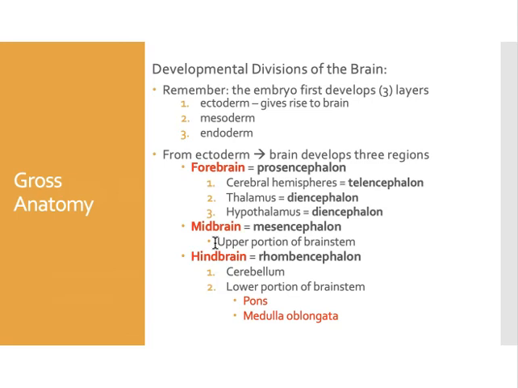The hindbrain is composed of the cerebellum and the remaining portion of the brainstem, so the pons and the medulla oblongata. We're going to refer to these 3 developmental regions, these 3 functional regions of the brain, as the forebrain, the midbrain, and the hindbrain for the rest of our discussion.